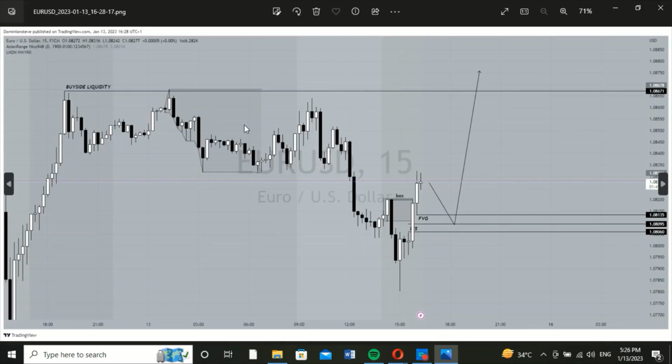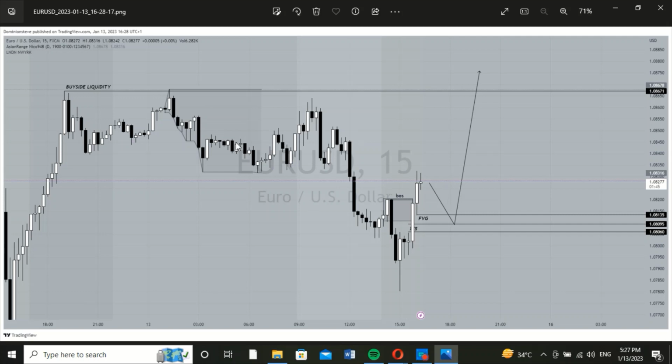So this is it before, the screenshot. Right there you can see the time. I'm using a free TradingView, so I don't have replay or something like that. Okay, so the date and time right there, 16:28 UTC+1, and January 13th right there.